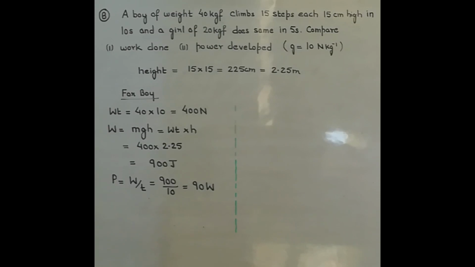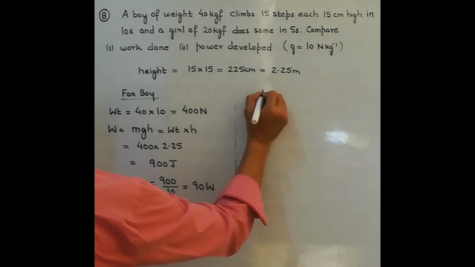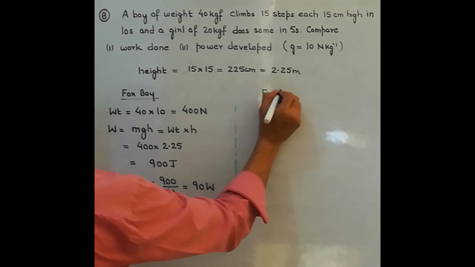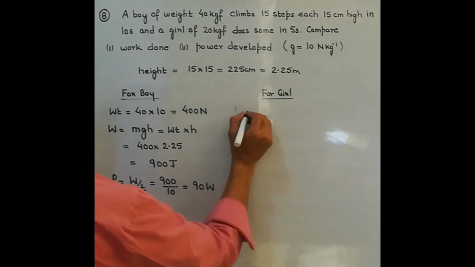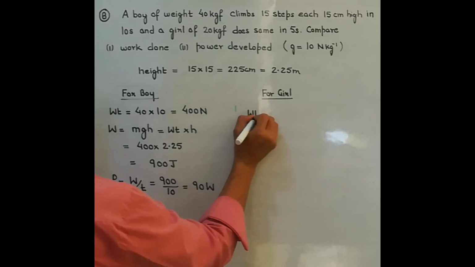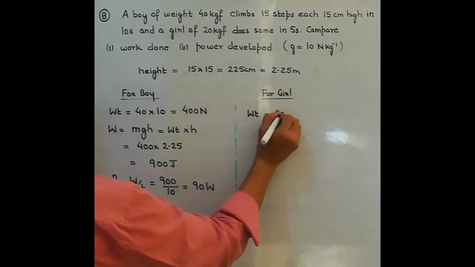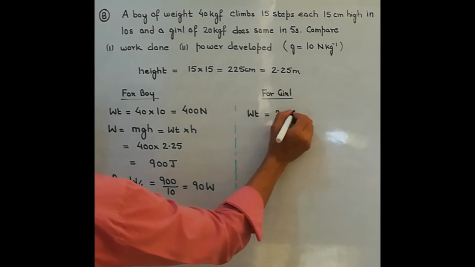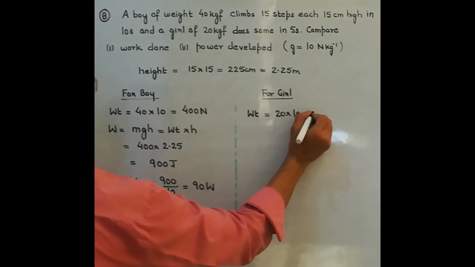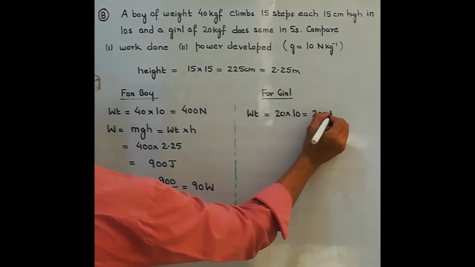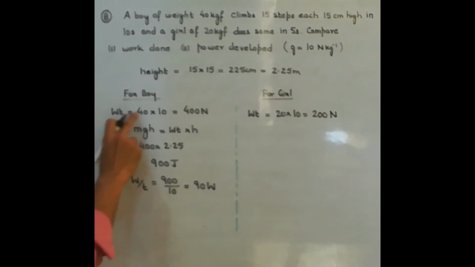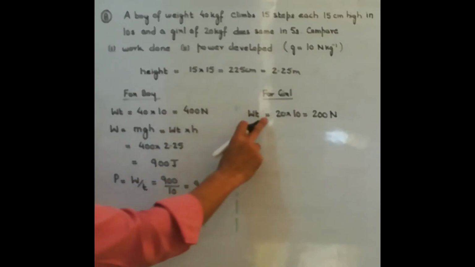Now let us do our calculation for the girl. The weight of the girl is 20 kgf. So we are going to convert it into absolute unit, that will be 200 Newton. As we converted the weight of the boy into absolute unit, similarly for the girl also.